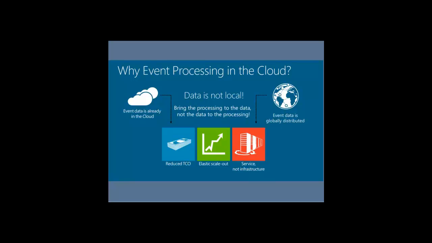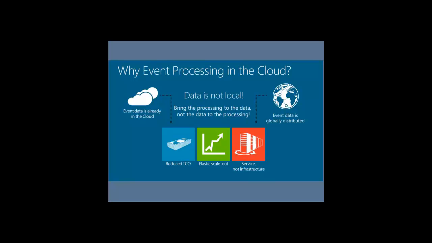In another set of scenarios, the event data might not be generated in the cloud, but it is already globally distributed. For instance, the connected car scenario, where I have cars that produce data that are geographically distributed, or weather sensors, or aggregating over plant floor data of multiple plants, multiple sites within a geographic area.